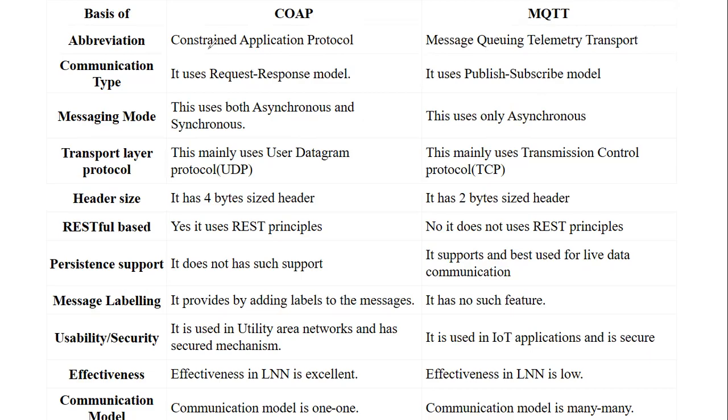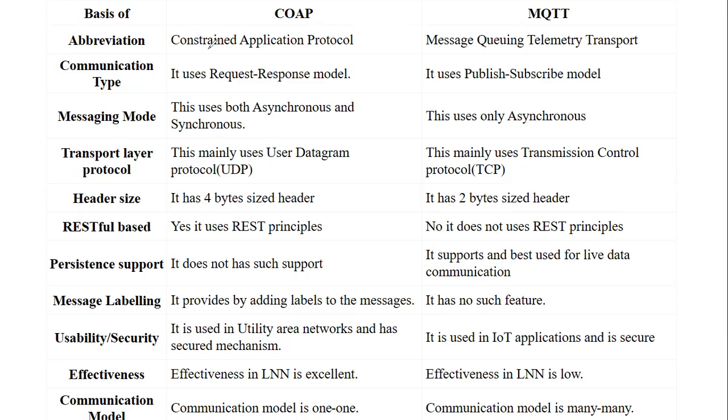CoAP supports the request-response model, whereas MQTT supports the publish-subscribe model. And CoAP uses both types of messaging mode, synchronous as well as asynchronous, whereas MQTT supports only asynchronous mode of communication.